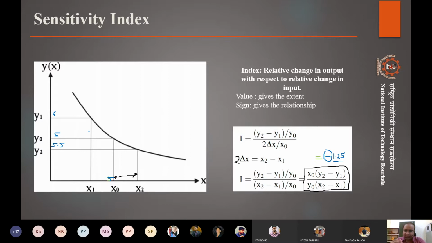When we do this analysis and find the sensitivity index, we can understand which parameters affect the final output more and which affect it to a lesser extent.